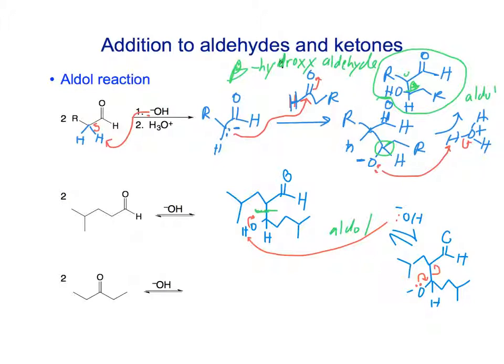This bond can break, and it goes back to the enolate. Okay, so this process here we usually call the aldol. This process over here we call the retroaldol. Okay, so that's the reverse reaction.